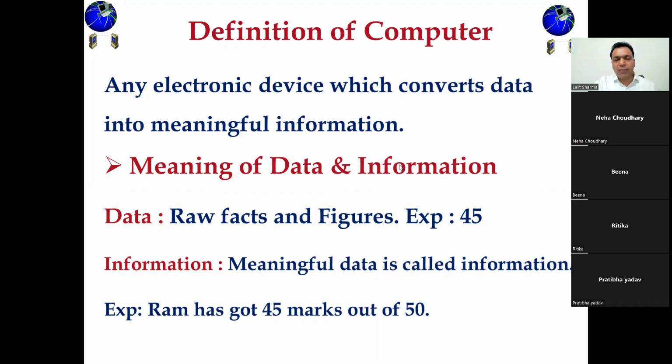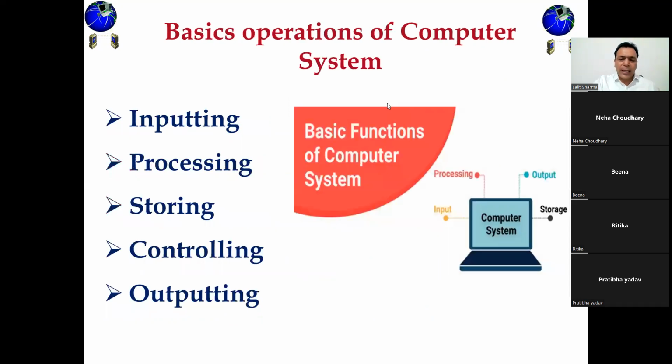So that's why we define a computer as an electronic device which converts data into information, right? What are the basic operations of the computer system? Five: inputting, processing, storing, controlling, outputting. Inputting: you enter the data with the help of a keyboard, right? And there is a processing CPU inside, which processes that data. Storing: there are hard drives and memory that store your data inside the computer.